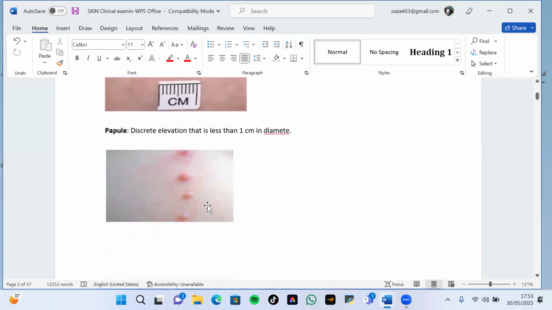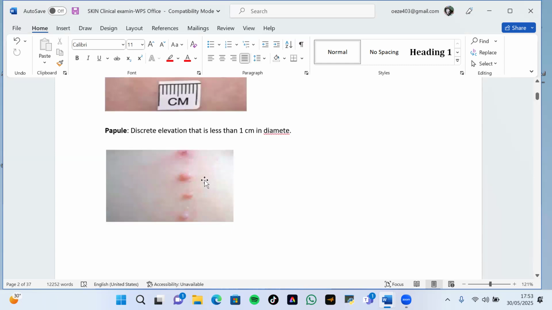Another terminology we use is the papule. We use the word papule when we see a change in color, reddened, and not just change in color, it is raised. So when there is elevation, no longer just color change, we call it papule, and it is less than 1 cm.